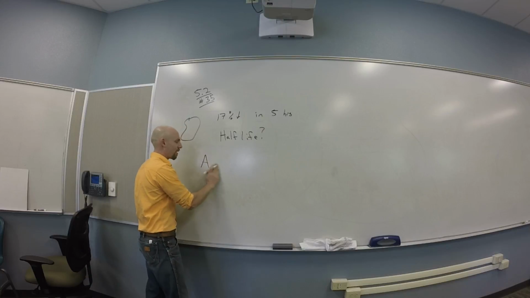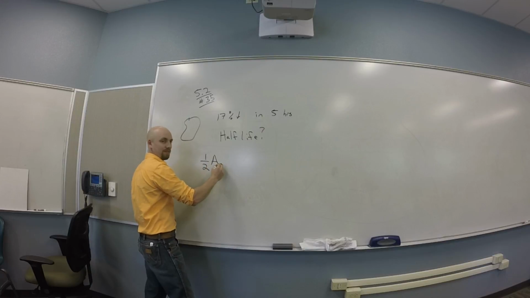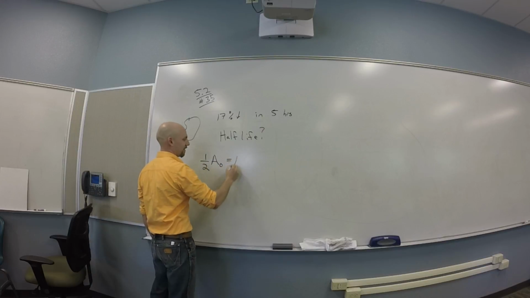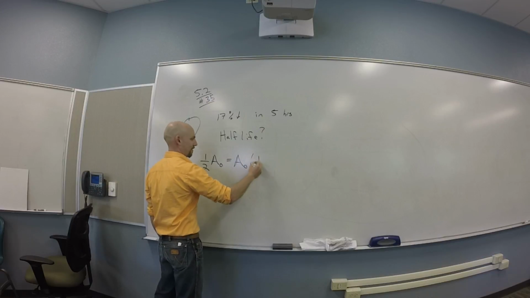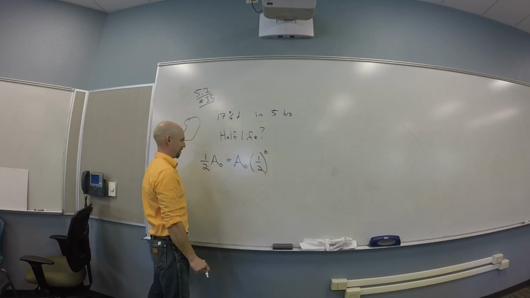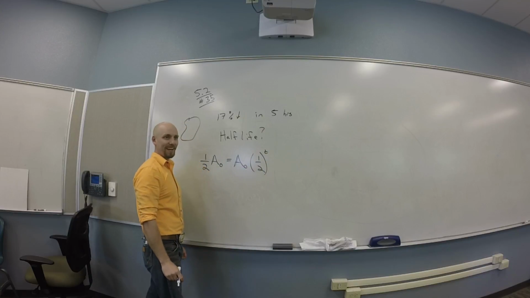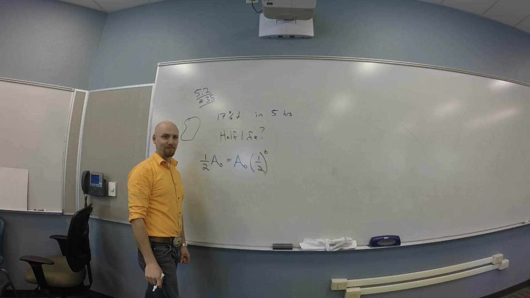Okay, so I think what I'm looking for is half of the amount, right, the amount and 1/2 to the t. This is a bunch of crap, right? I just wrote down what half-life means.